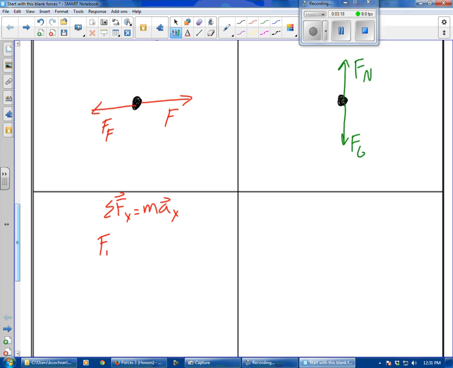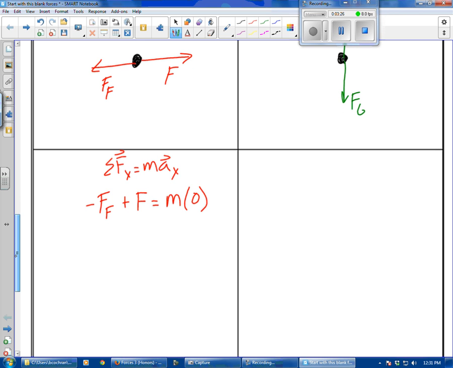We get frictional force plus F equals M times 0. So you get that F must equal the frictional force.